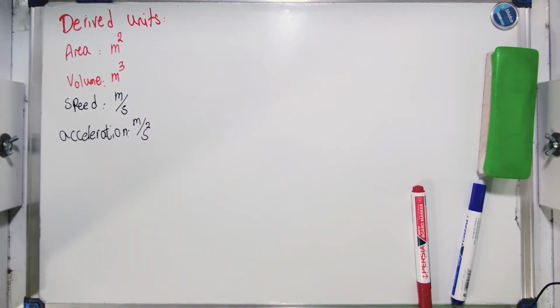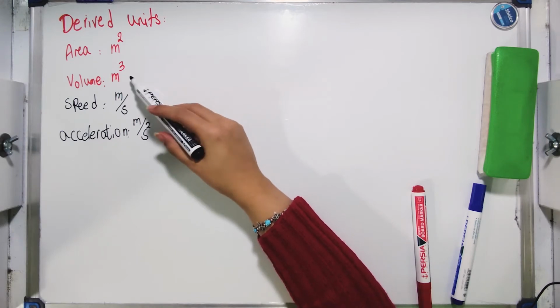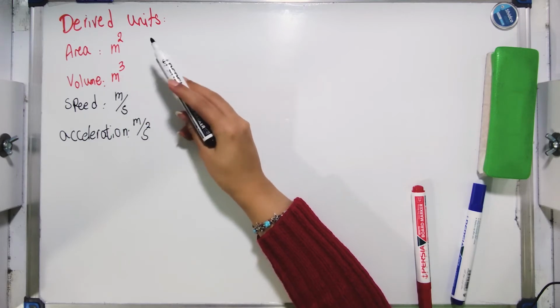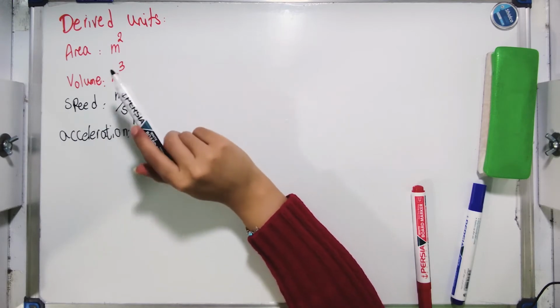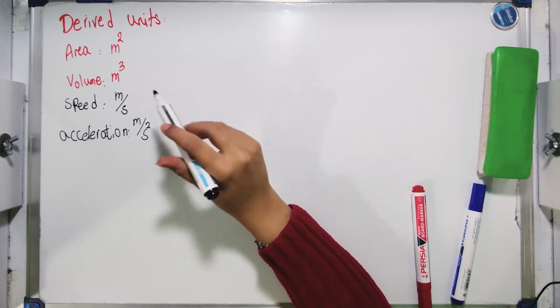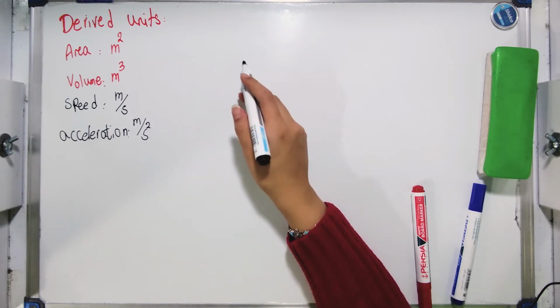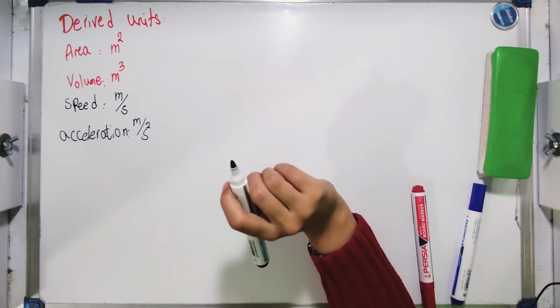And so on. They are called derived units because every unit includes a few other units. Here we have 2 meters, here we have 3 meters, here we have meters and seconds, meters and square seconds. So they are derived from the simple units.